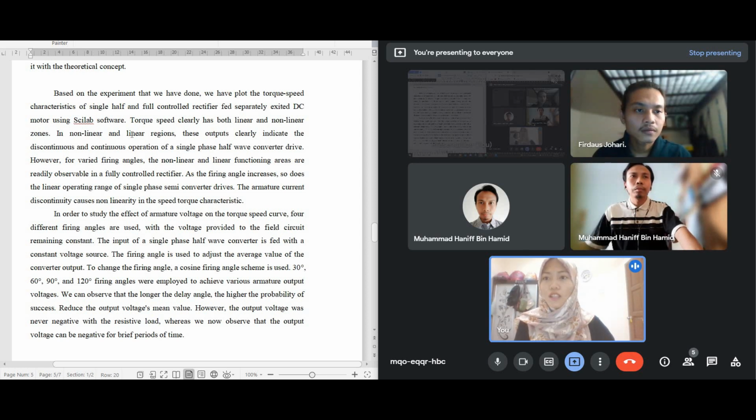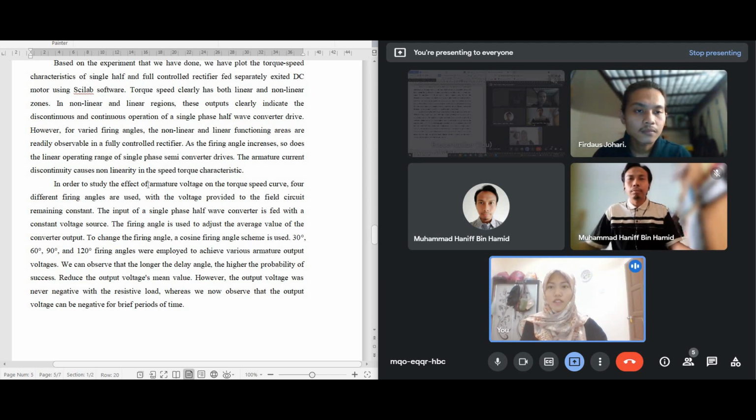In the non-linear and linear regions, this output clearly indicates the discontinuous and continuous operation of a single phase half wave converter drive. However, for varied firing angle, the non-linear and linear functioning areas are readily observable in a fully controlled rectifier. As the firing angle increases, so does the linear operating range of the single-phase semi-converter drive.